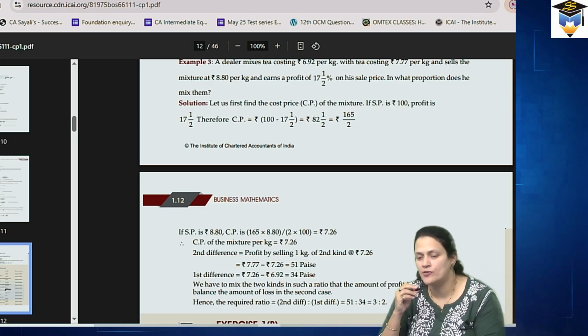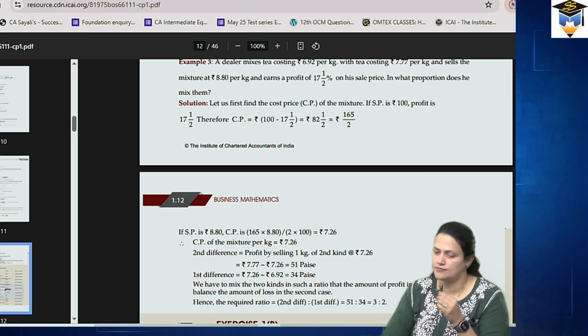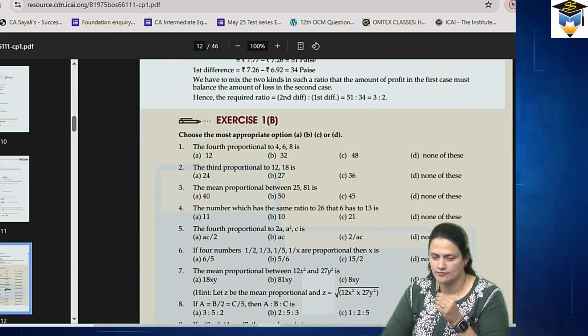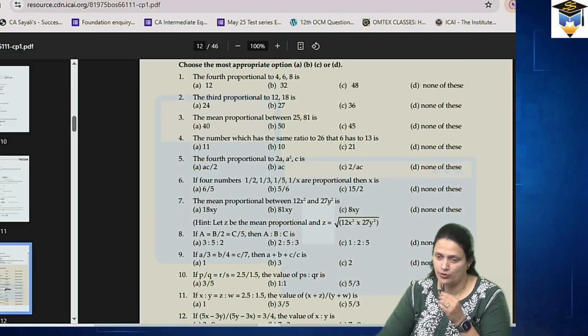Also, this example is important, so please mark it. Please, if you have any doubt, ask. Okay, that's the reason I'm telling you to write it down.